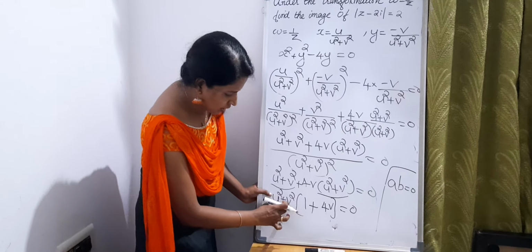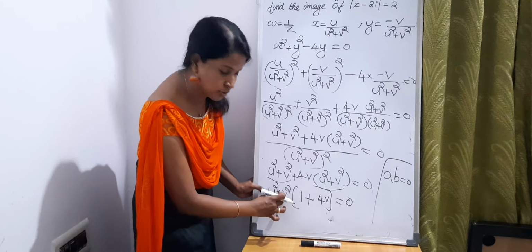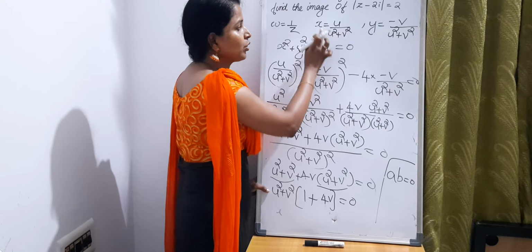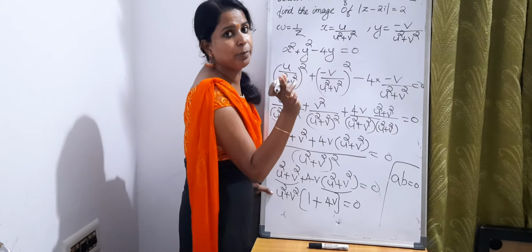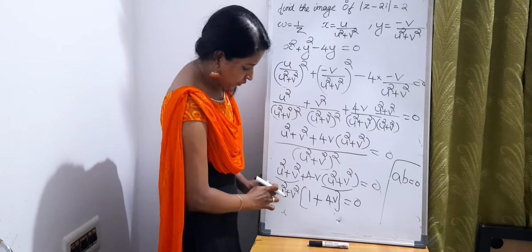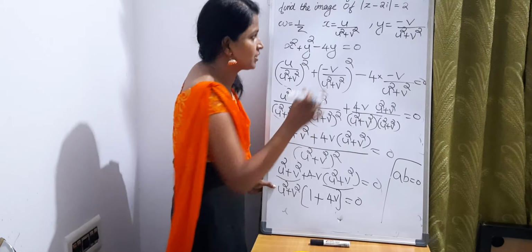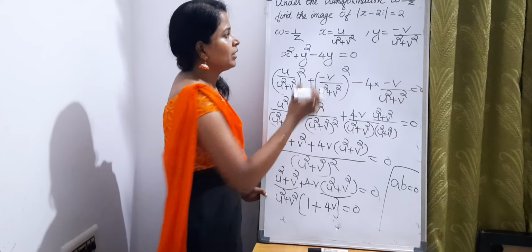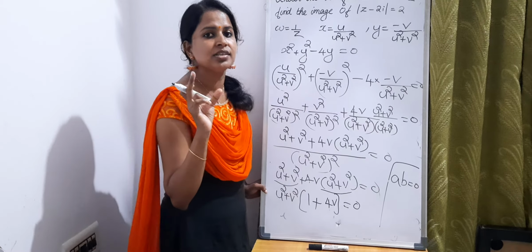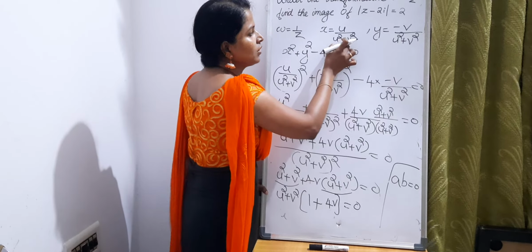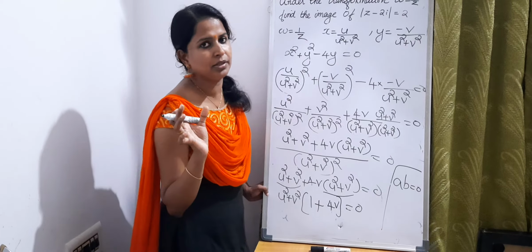Here, if u square plus v square is 0, recall x equal to u by u square plus v square and y equal to minus v by u square plus v square. Then the denominators of x and y are 0. The denominator of a fraction cannot be 0 in mathematics.